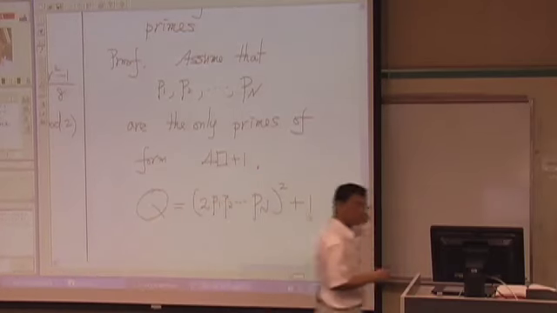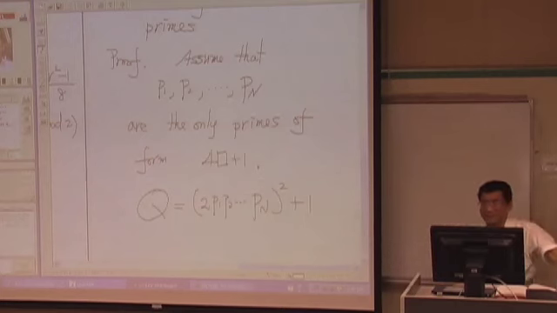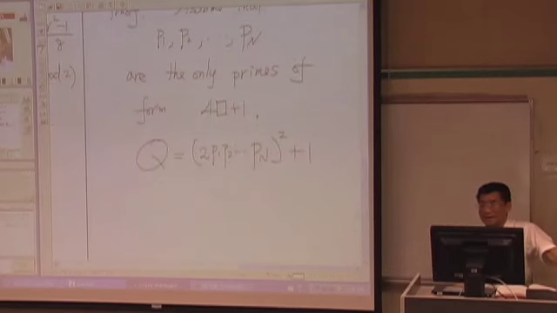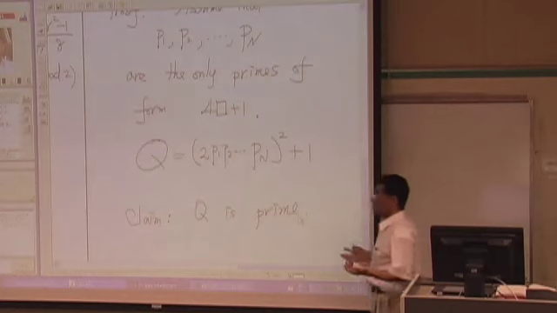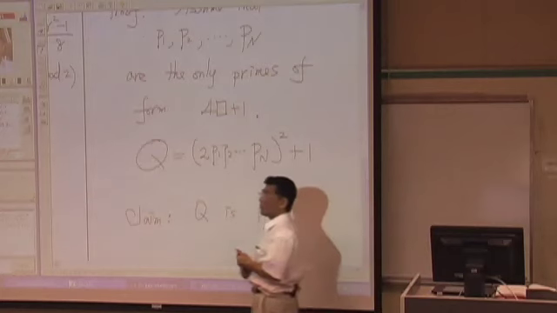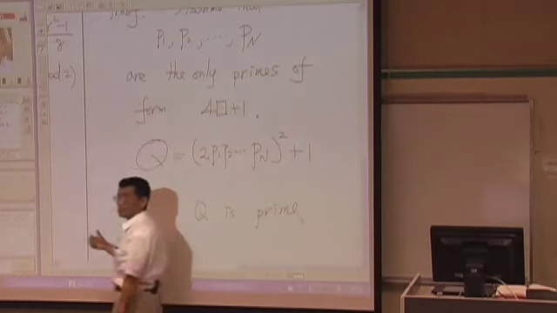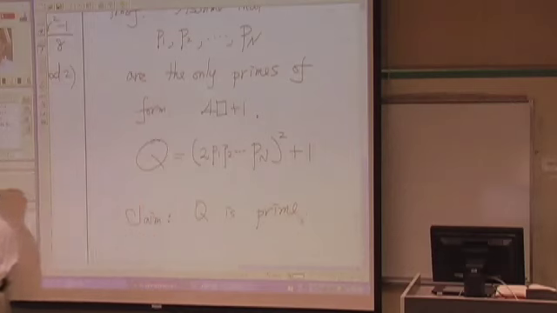Then my claim is Q is prime. If my claim is Q is prime, then Q is automatically of what pattern?